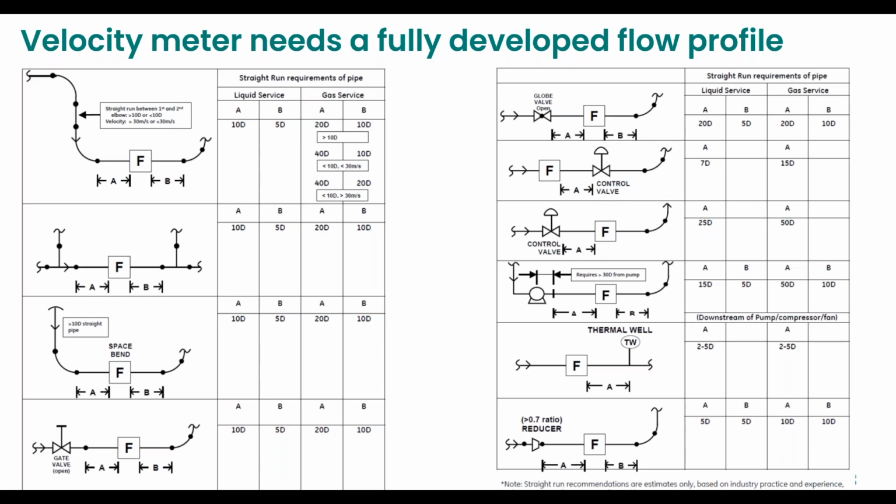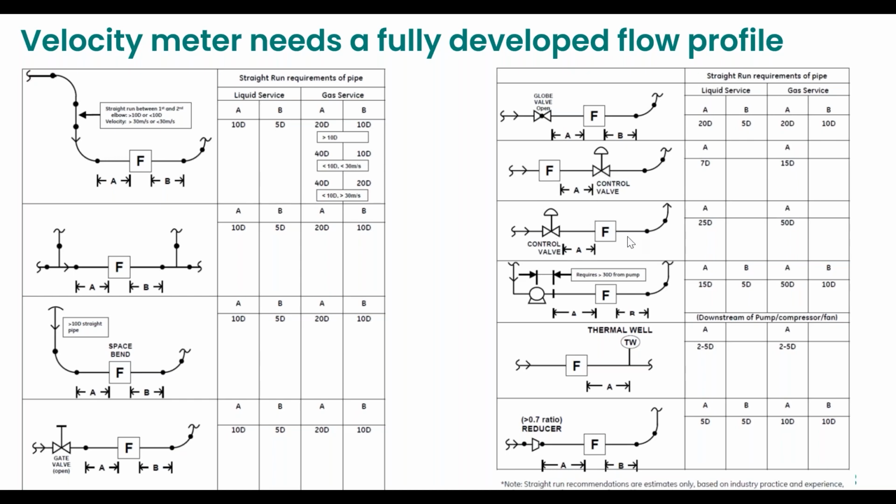Okay, so there you can see that if I have a control valve and I flow from left to right, then it's not that much of an issue putting a control valve downstream of the flow meter.